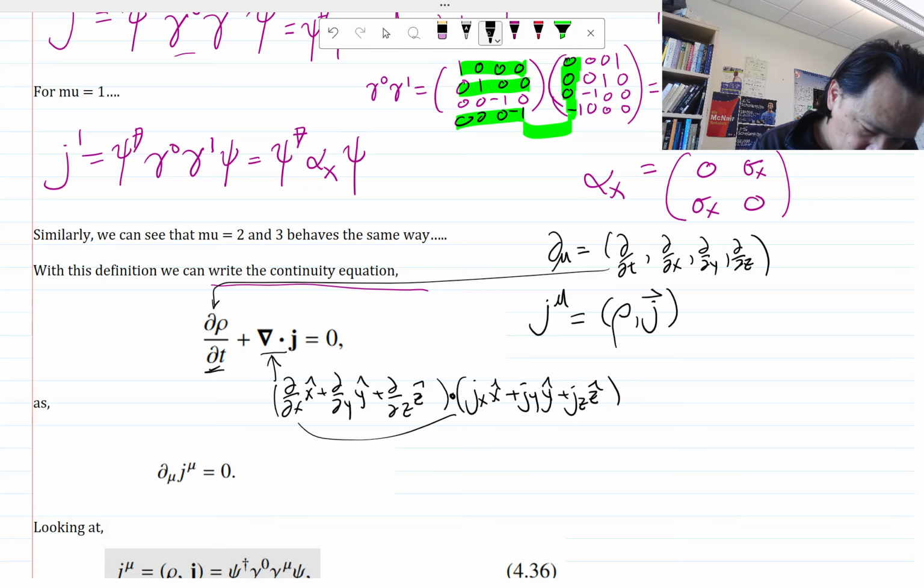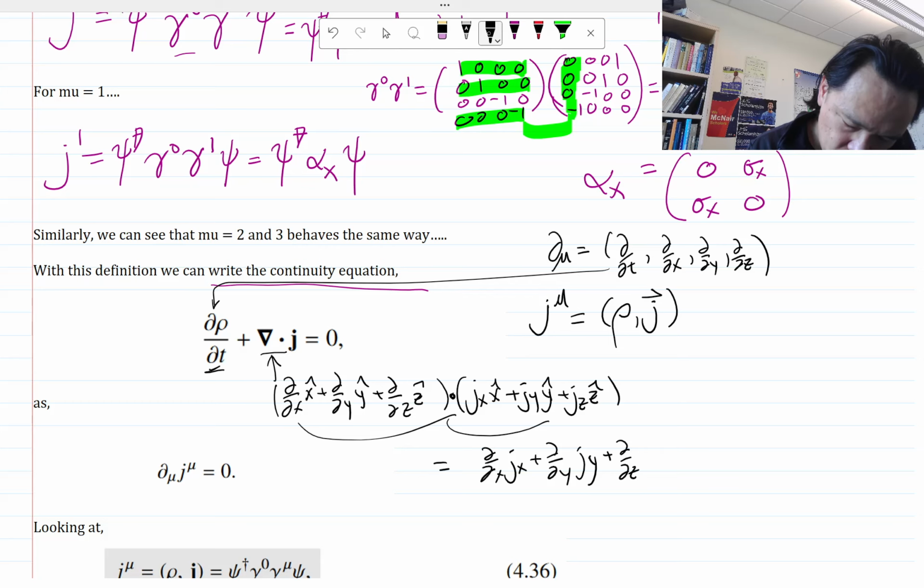So this dot product gives you partial by partial x of jx, plus partial by partial y of jy, plus partial by partial z of jz.